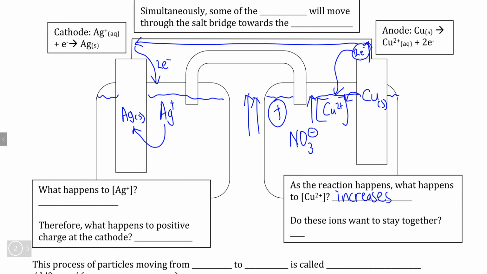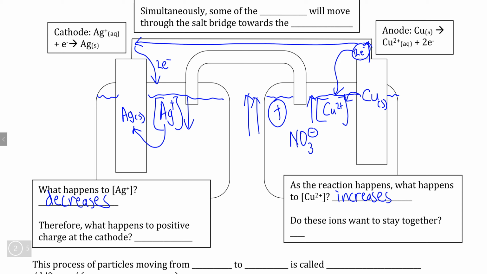Now, if we look at our cathode, we actually have the opposite problem. As silver ions pick up the electrons lost in the anode, overall their concentration is going to decrease over time, which has the opposite effect of the anode.